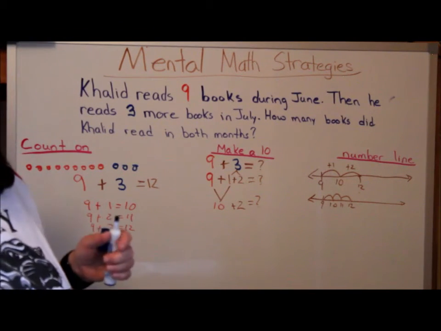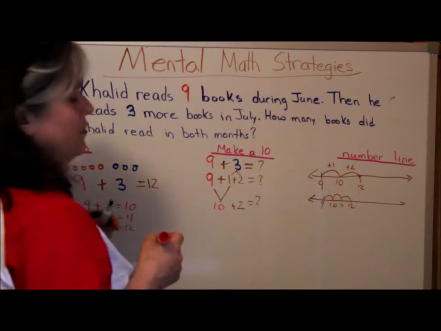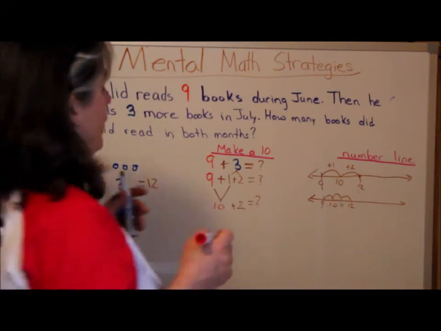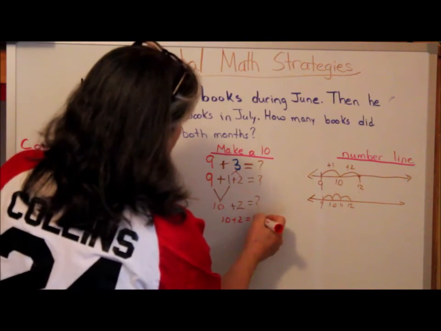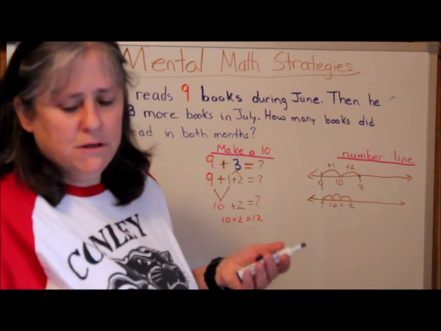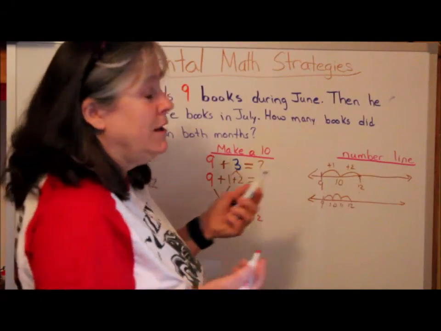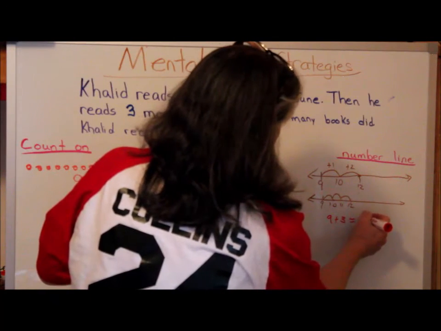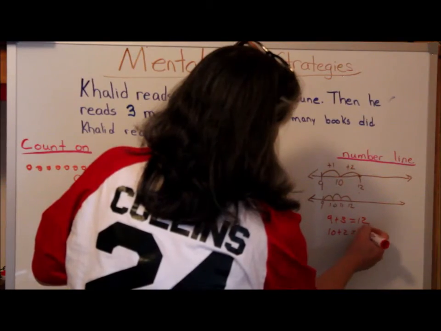So you're just kind of thinking about it in your head without writing it down. On this one, I could do, okay, 10 plus 2, 10, 11, 12. I can keep track of 2 numbers in my head. So 10 plus 2 equals 12. And then on the number line, the same kind of thing. How much is 9 plus 3? Well, 9 plus 3 is the same as 10 plus 2, right? So I'm going to say 9 plus 3 equals 12, or 10 plus 2 equals 12.